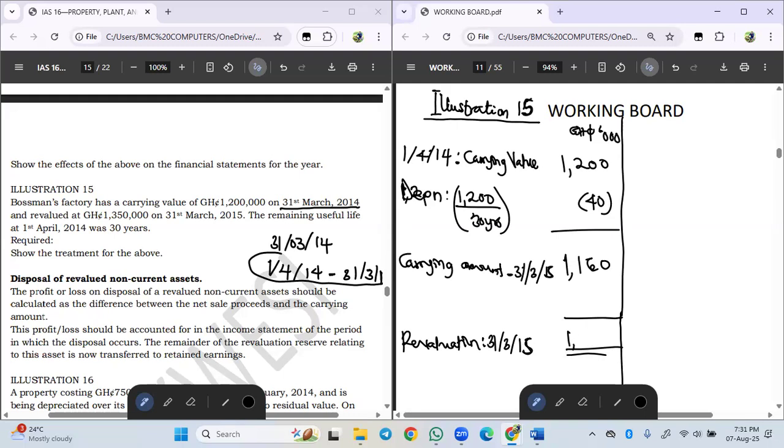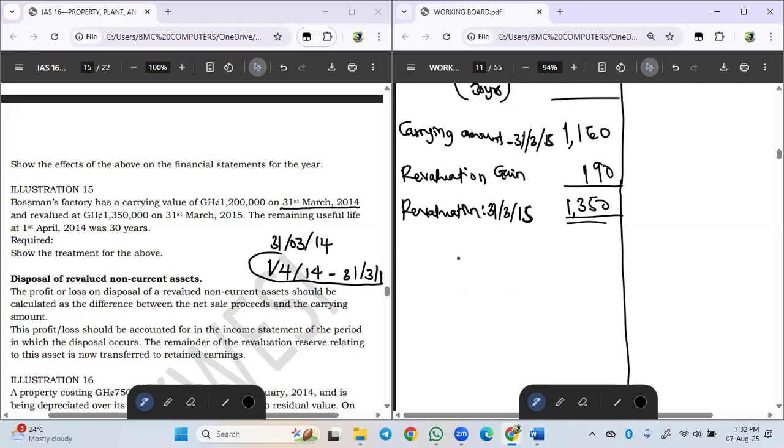So the revaluation was 1350. So please, what's the difference? Is it a gain? Yeah. So what's the figure, please? 190. So you know that whenever there is revaluation gain, you add that particular figure to the assets. Because when we were doing consolidation last, we saw it. So you debit the assets with the gain, then you credit the revaluation surplus with that particular amount.